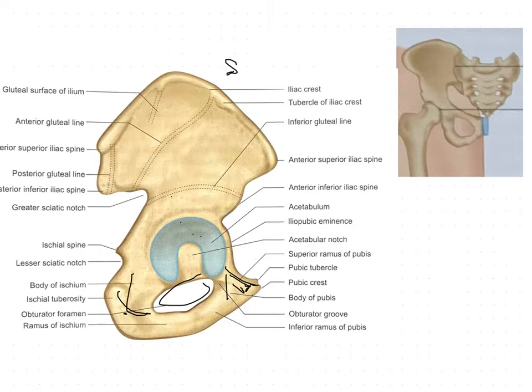Then we can identify the side. So this is the right hip, external aspect.